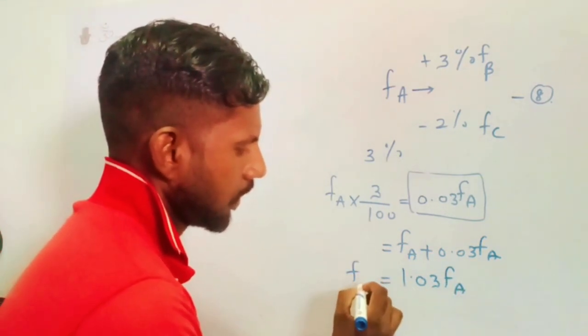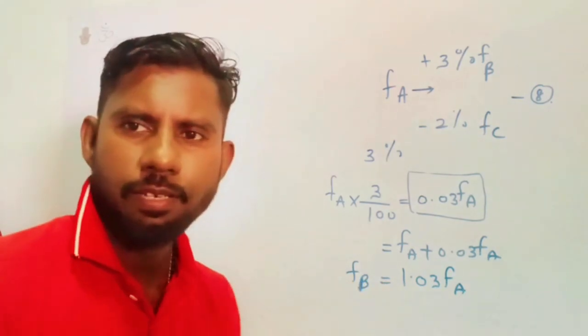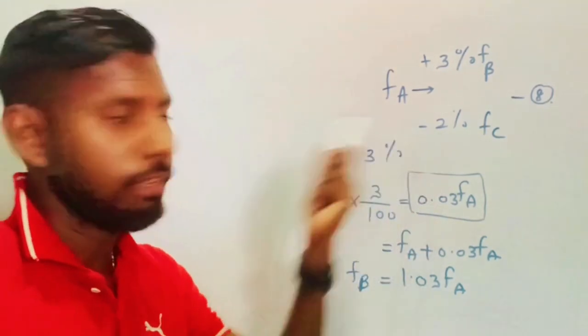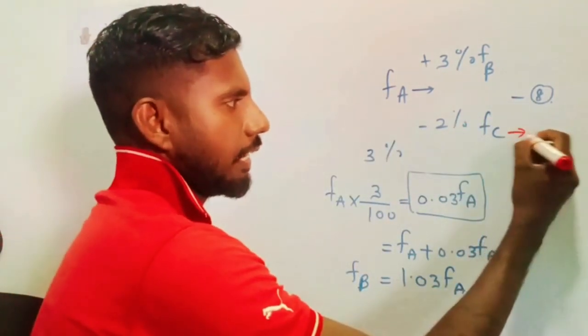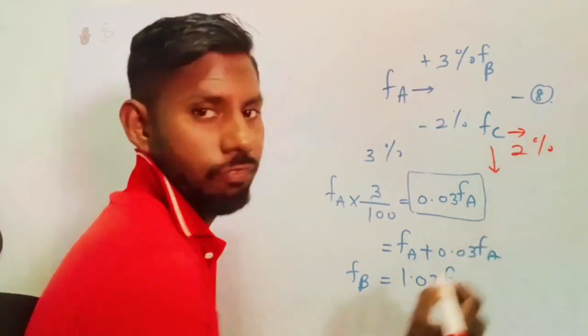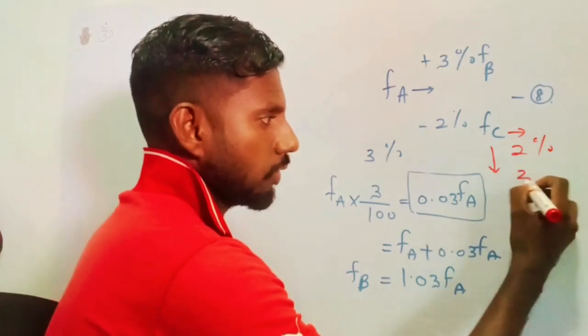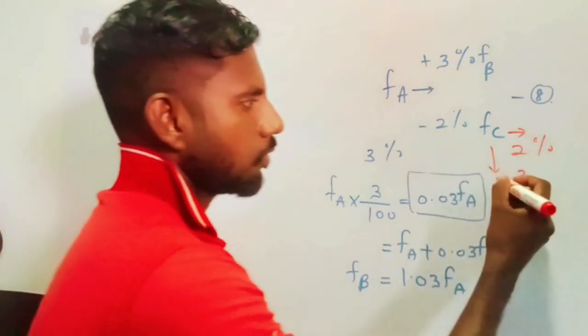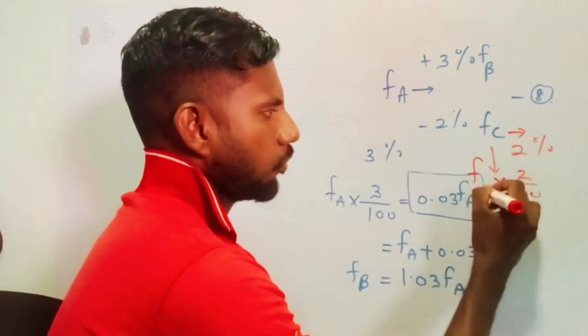This is FB. Right? So in the very same method, let's try for FC. They are telling it's 2%. This is how we write the fraction of 2%: 2 divided by 100. Right? That we have to multiply by FA.